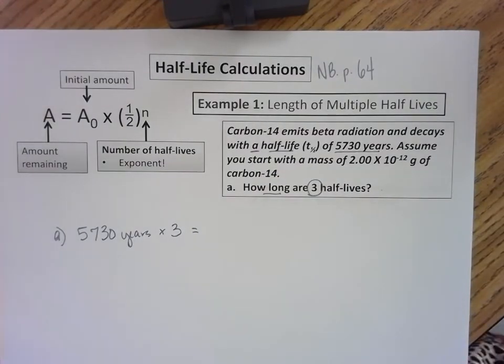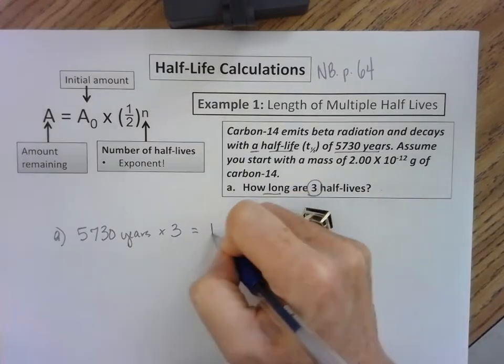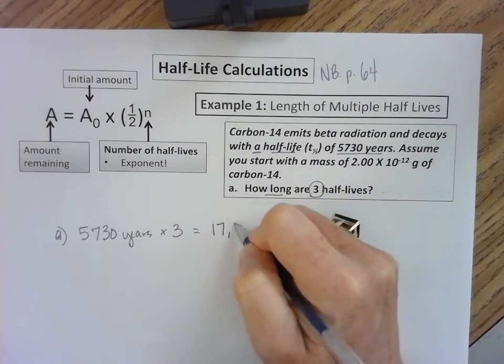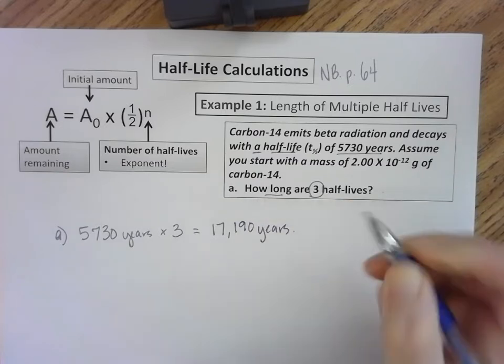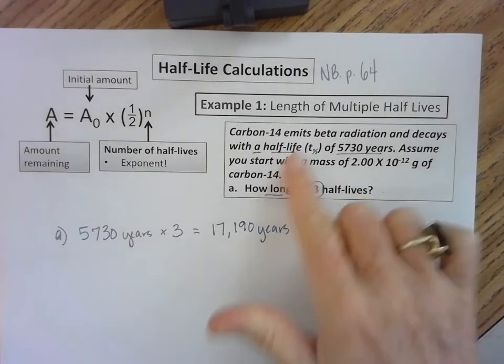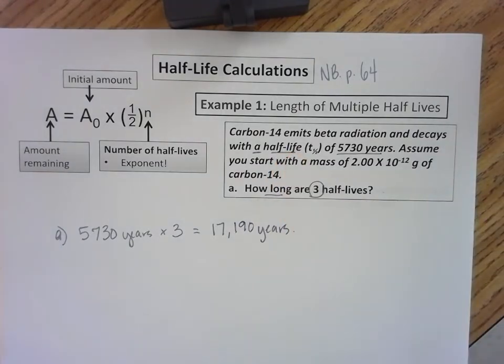And I'm going to get 17,190 years. So for carbon-14 to go through 3 half-lives, it would take about 17,000 years.